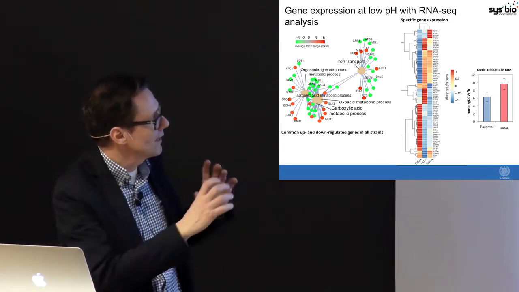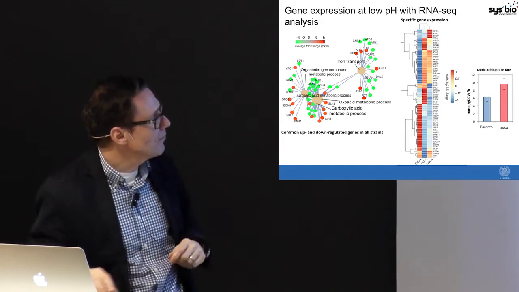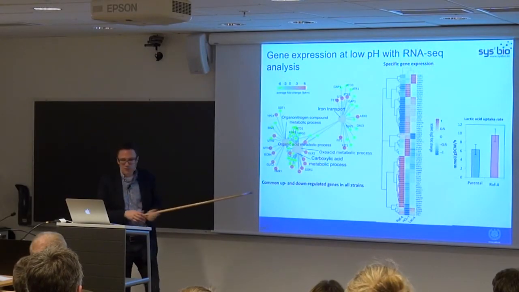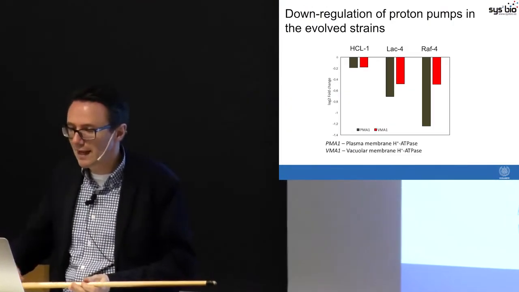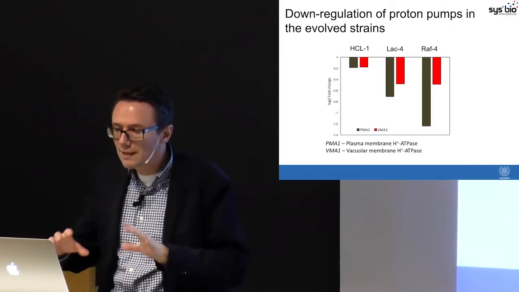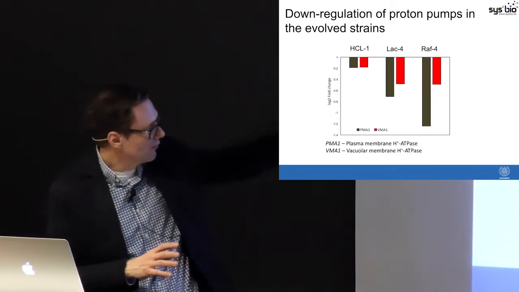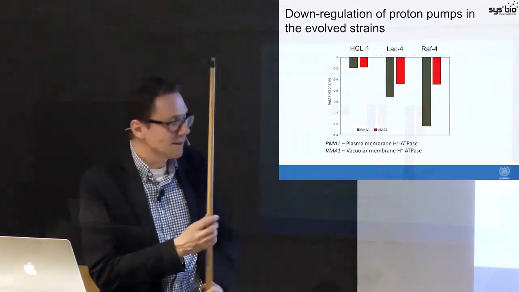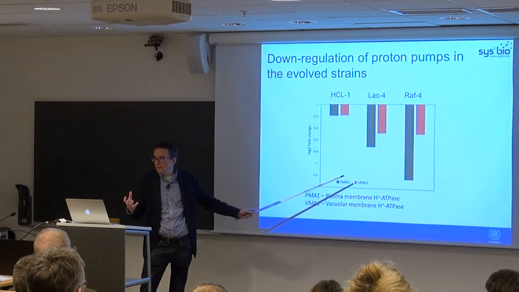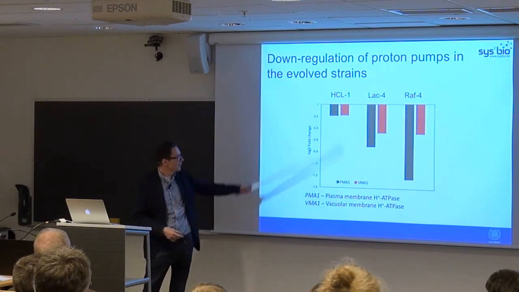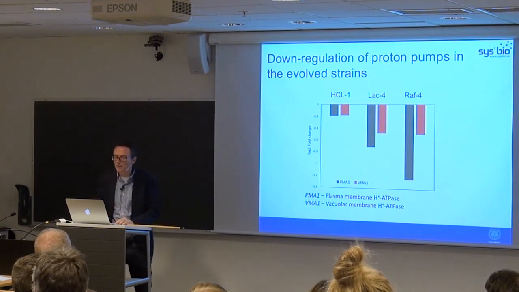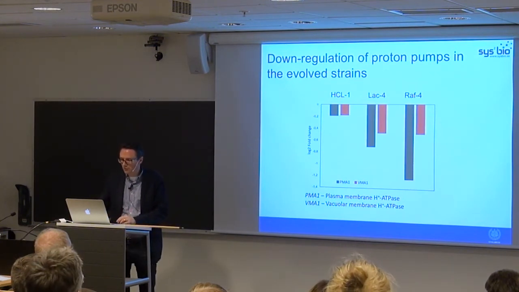We can see from the RNA-seq analysis that it impacts a number of different things, iron transport, but also a number of different metabolic processes. And when we compare the 3 different conditions here, what is driving these differences, we can see that proton symport, not surprisingly because we are at lower pH, becomes a real key driver, and regulation of this has to be downregulated in order for the cells to survive.